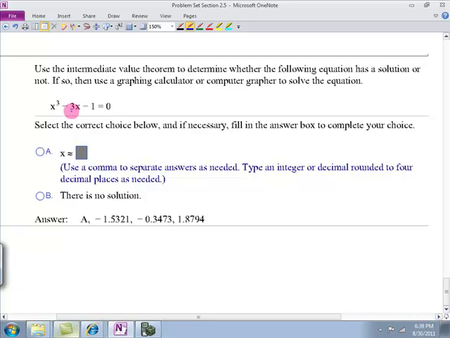So you're putting in y equals x cubed minus 3x minus 1. In your y1, you're putting the equation. The shortcut that I like to use, that I teach in college algebra, is to put y2 equal to 0.